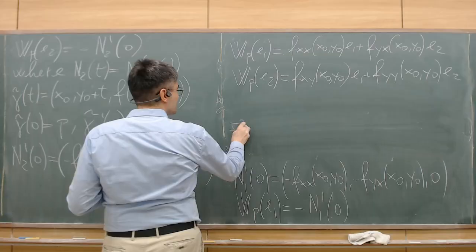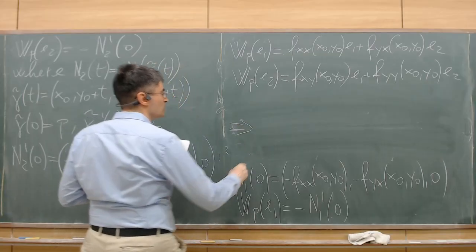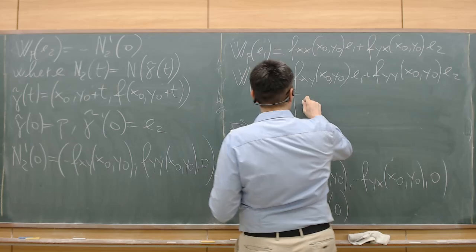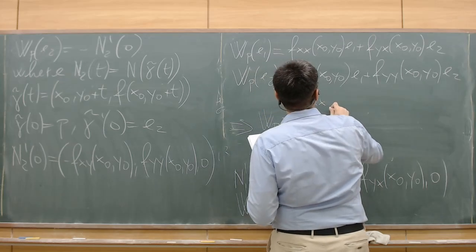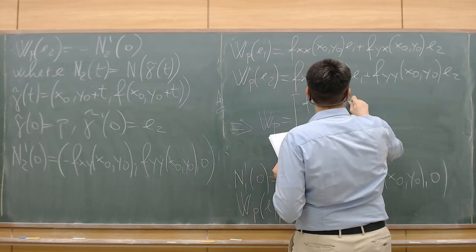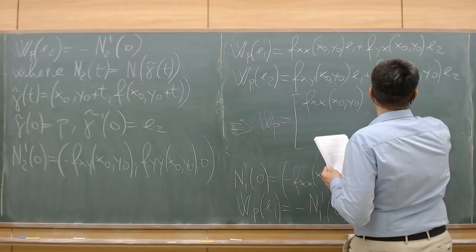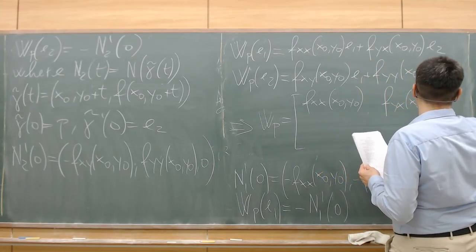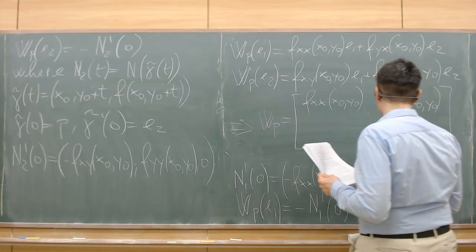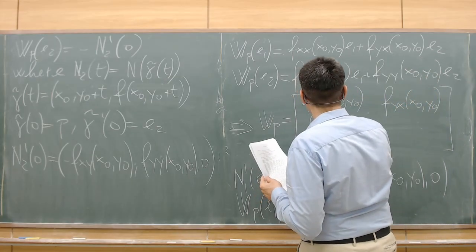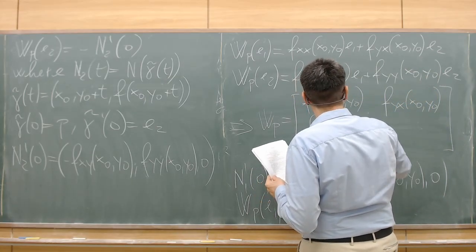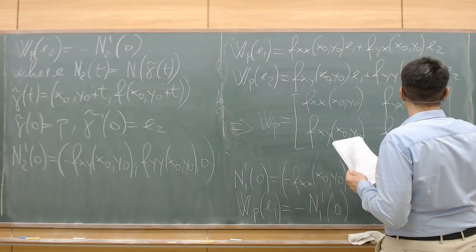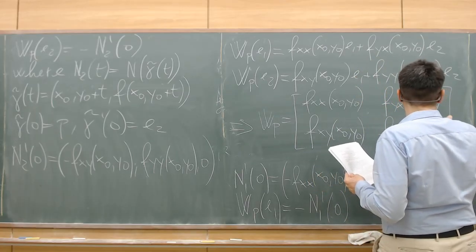So this means that the matrix representing WP is fxx at x0, y0, fyx at x0, y0, fxy at x0, y0, fyy at x0, y0.